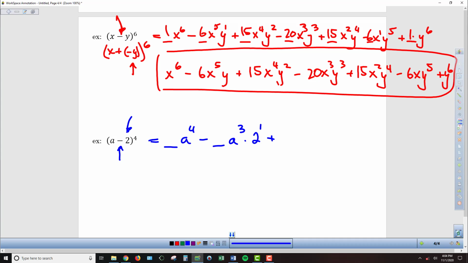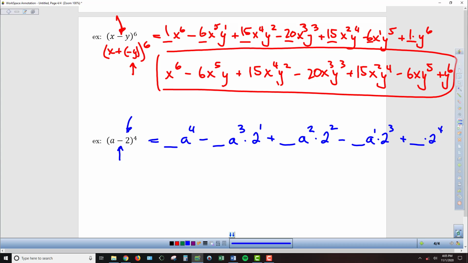Back to plus. Leave the coefficient space, a squared times 2 squared. Back to minus, coefficient, a to the first times 2 to the third. And then lastly, we finish with plus, coefficient, the a is missing, and now it's times 2 to the fourth.